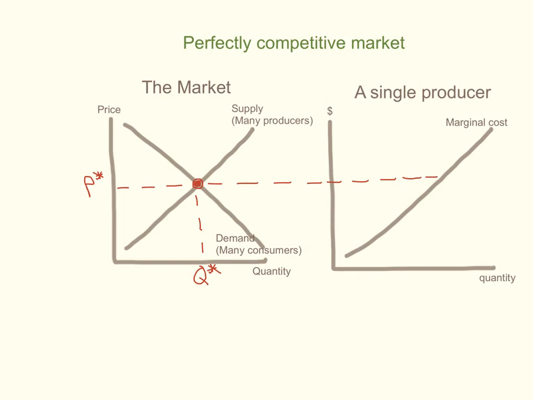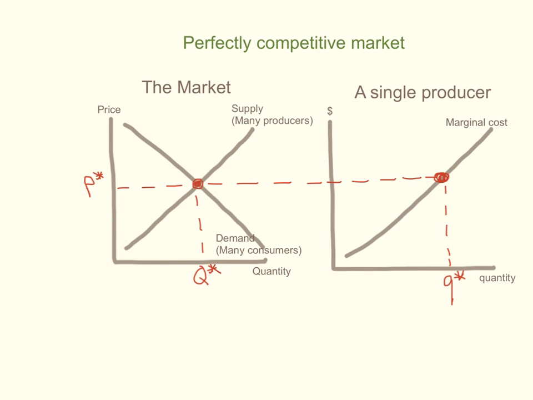By setting her marginal revenue line equal to her marginal cost of production, she is able to determine how much she should produce, we'll call it little q star, in order to maximize her profits. Each of the many producers has their own q star that they've chosen to produce at, and when added up together, all those little q stars equal this large q star.